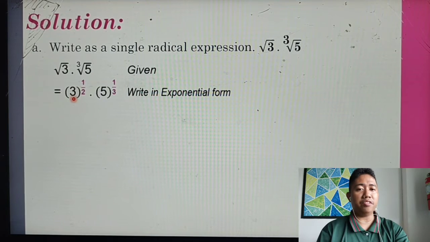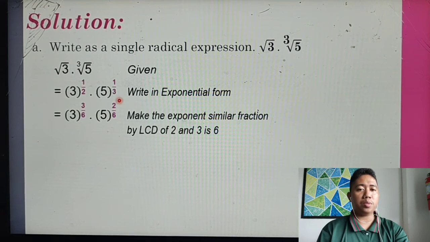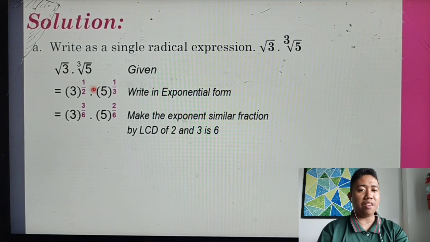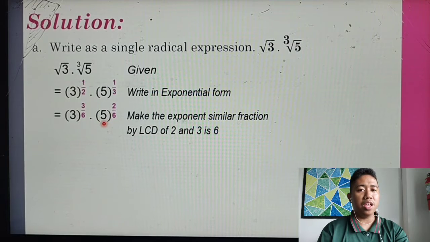So we have 3 raised to the power 1/2 multiplied by 5 raised to the power of 1/3. After that, we change the exponents into similar fractions using the least common denominator of 2 and 3, which is 6. We convert 1/2 and 1/3 so that they have the same denominator. The LCD of 2 and 3 is 6 because 6 can be divided by both 2 and 3.